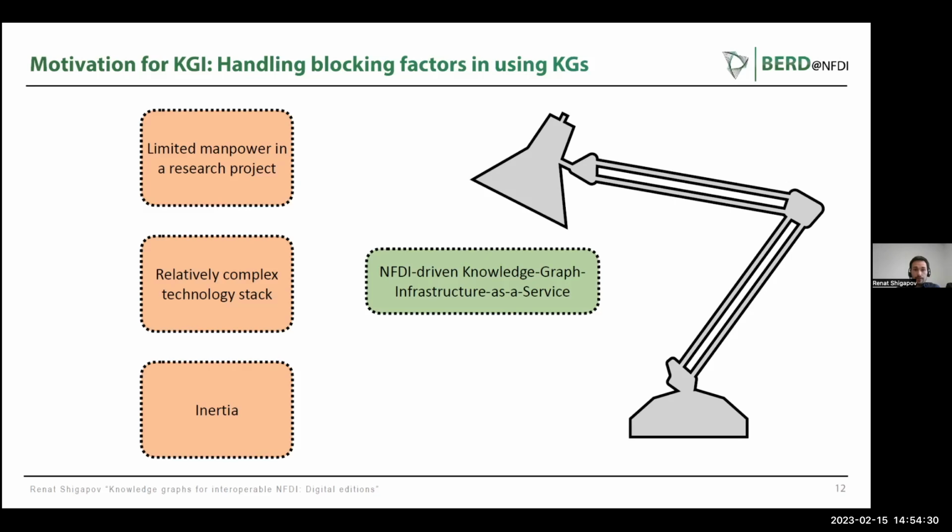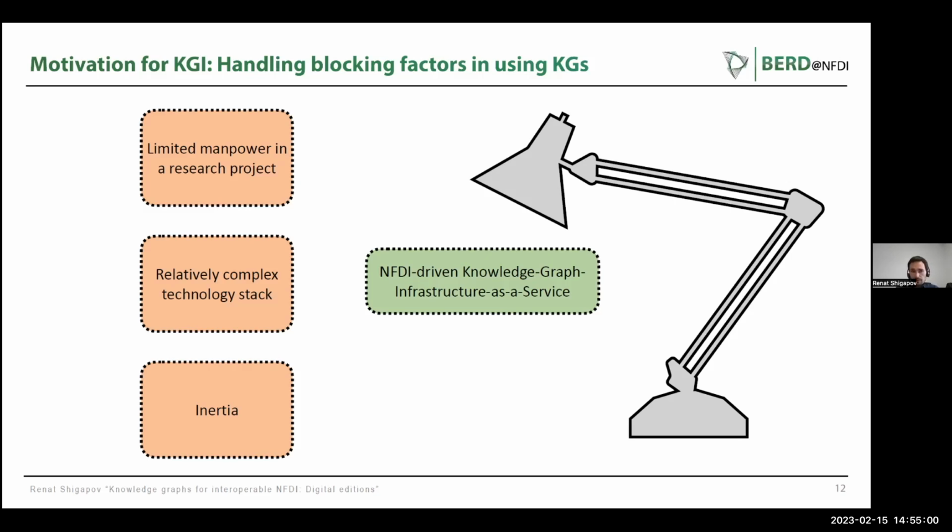The second blocking factor is a relatively complex technology stack. Though RDF and SPARQL have existed for many years, the learning curve is still quite difficult. And the third blocking factor, I would say, is inertia. Inertia in everyday research practice. We're used to doing things the way we did in the past.